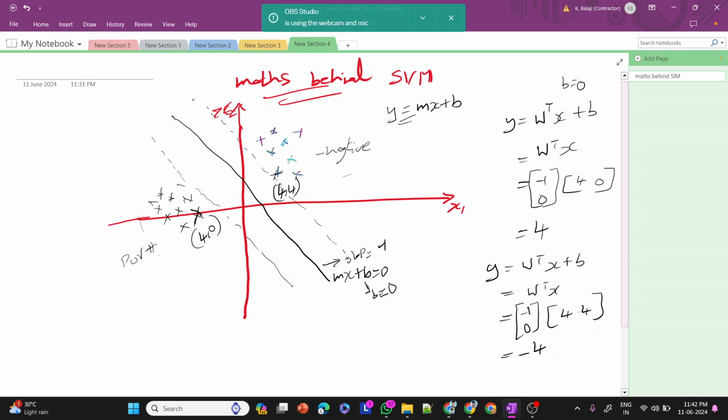A positive value we consider as plus 1, and a negative output we consider as minus 1.